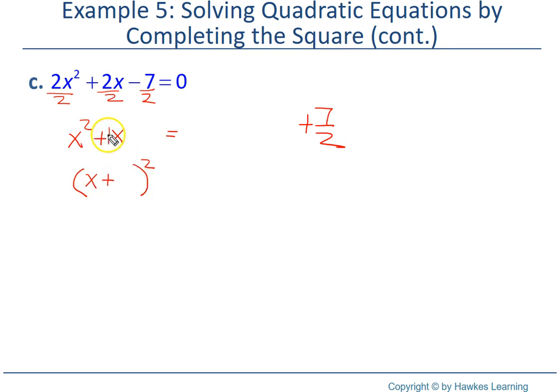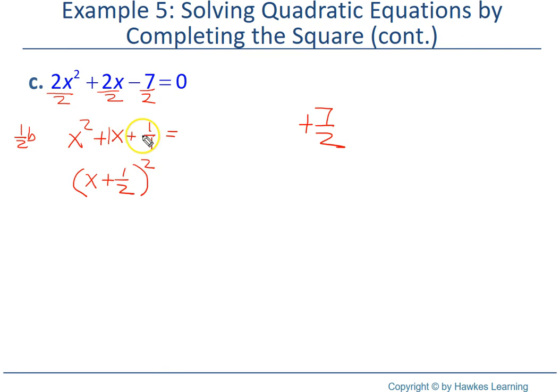So we have to take half of our B term here, and that is 1/2. All right, so that's not too bad. Now, to get our C term, our new C term here, we have to square this. So this is going to be 1/4.